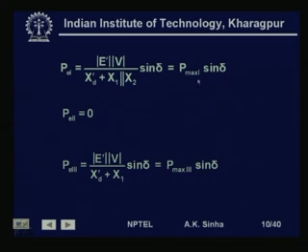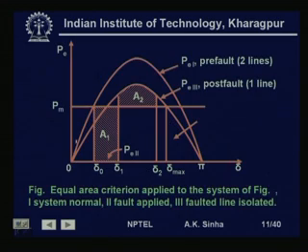So, we can again draw the power angle characteristics under all three situations. The first one is the pre-fault condition, the initial operating condition, which is given by this P delta characteristic. The second condition, when the fault is on, is electrical power output 0, so it is this horizontal line which defines that situation.